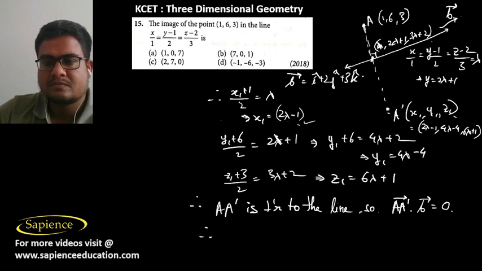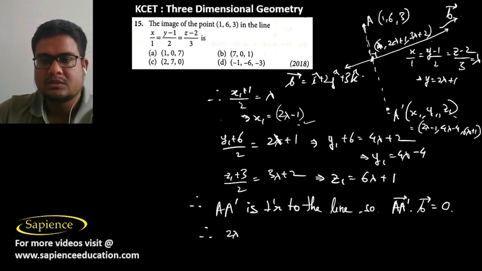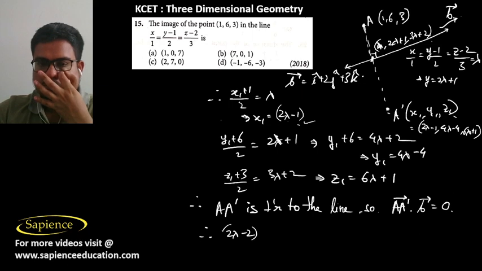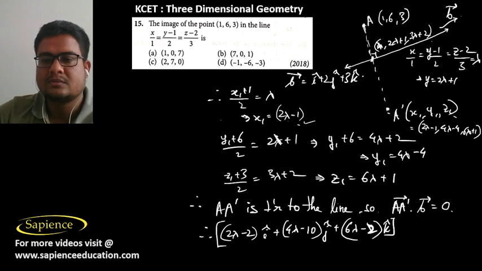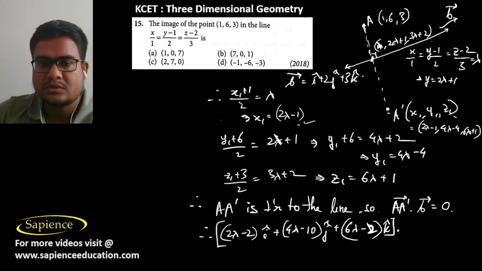Therefore, AA dash will be x1 minus 1, that is 2 lambda minus 2, i cap, plus y1 minus 6, that is 4 lambda minus 4 minus 6, that is 4 lambda minus 10, j cap, plus 6 lambda plus 1 minus 3, that is 6 lambda minus 2, k cap. Its dot product with b vector, that is i cap plus 2j cap plus 3k cap, is equal to 0.